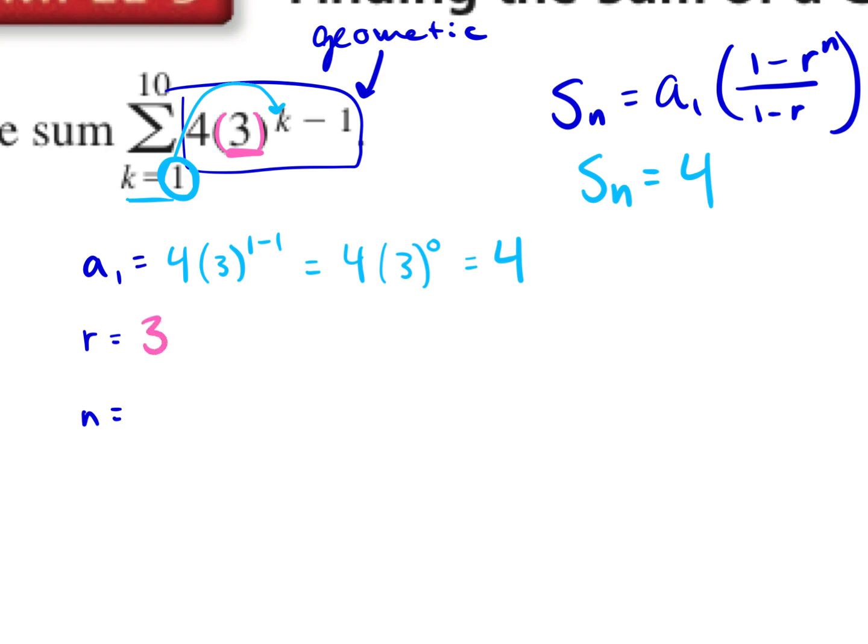So 3 is our common ratio. And then lastly, we just need to figure out our number of terms. Number of terms is how many numbers you have from 1 to 10. From 1 to 10, it's going to be that number on top. We have 10 terms here. So we plug that into n.